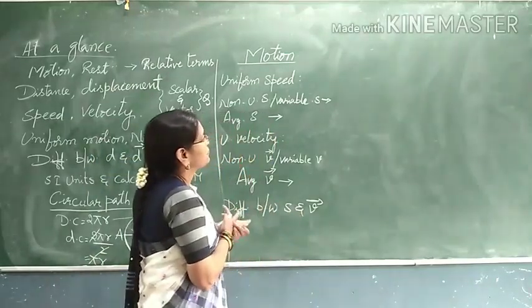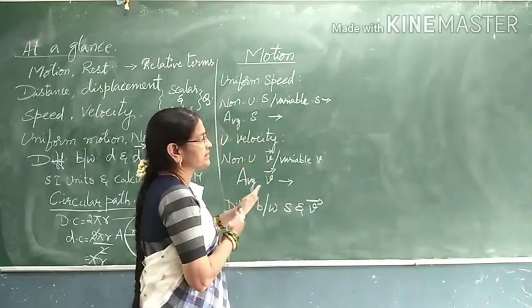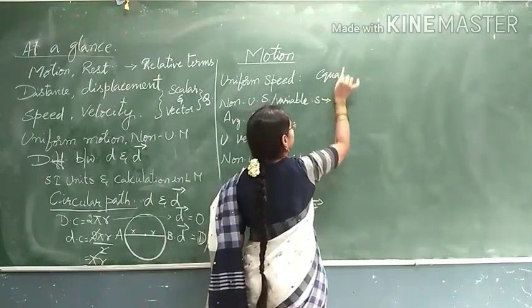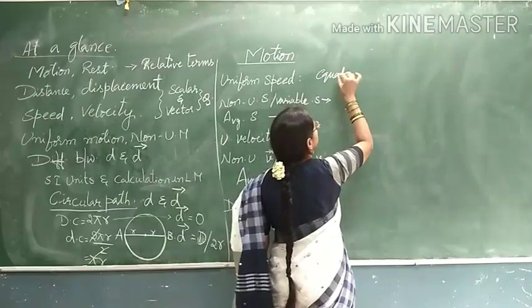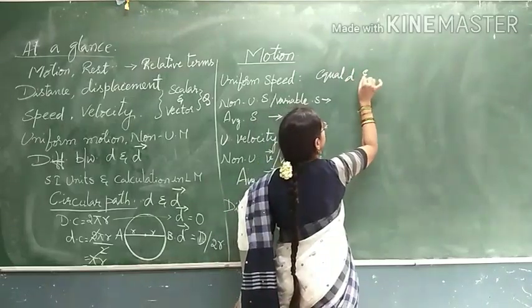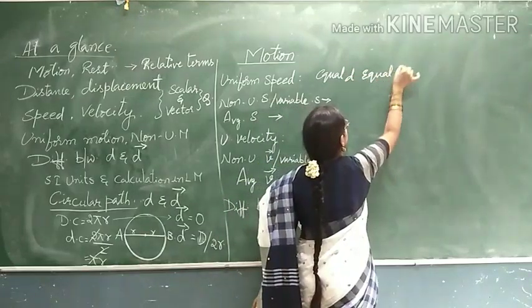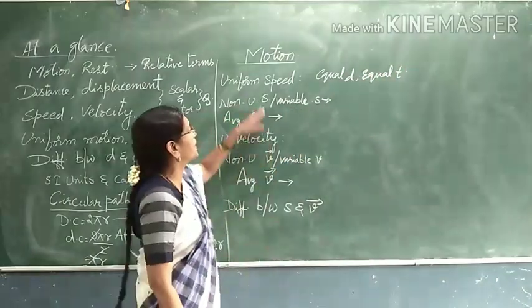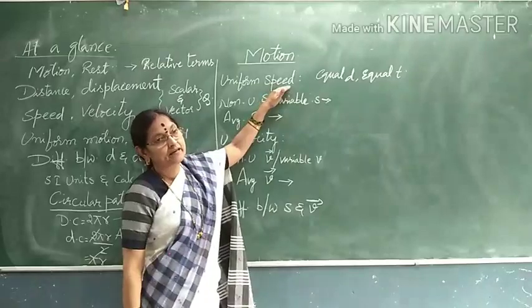Now coming to the uniform speed. When the body is covering equal distances in equal intervals of time, however small the intervals may be, it is called uniform speed.